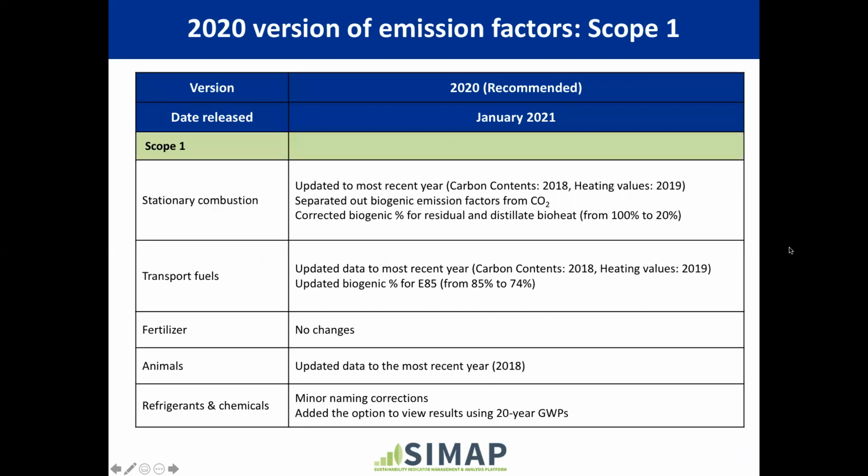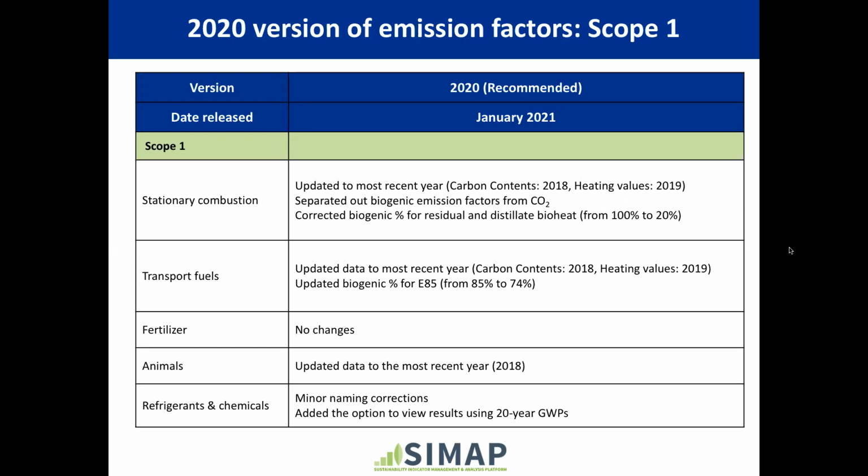So going a little more into detail here for the scope 1 emission factors. Like I said before, the carbon contents and the heating values have been updated. The biogenic emission factors are now separate, and there was a correction. Some examples of things that have changed with the updates to the carbon contents and heating values: the largest change you'll see in scope 1 stationary is that the propane emission factor is reduced by 3%.